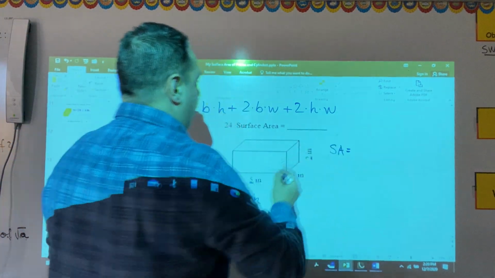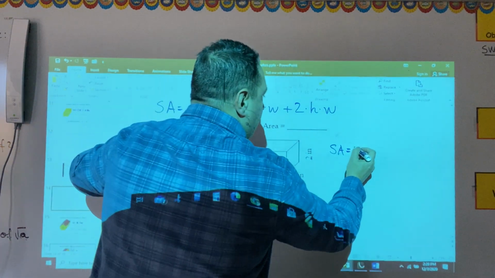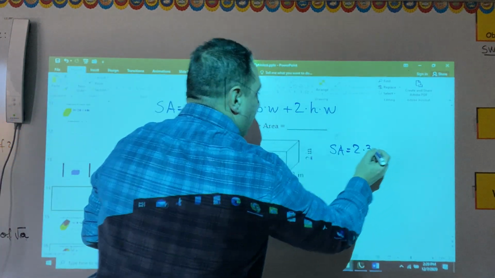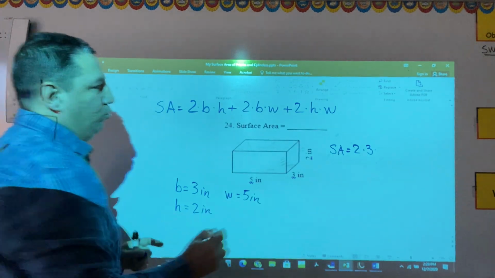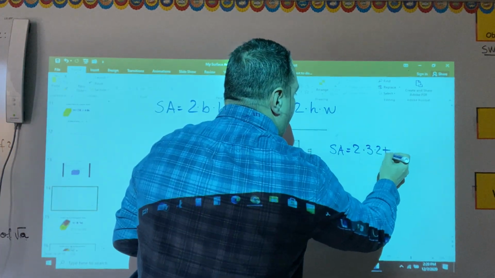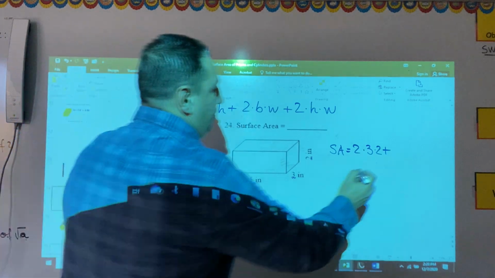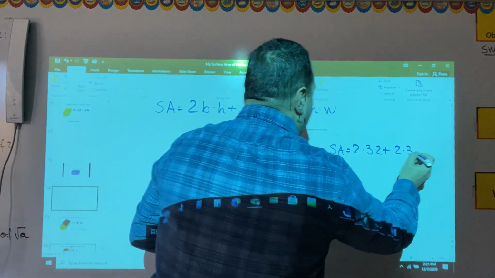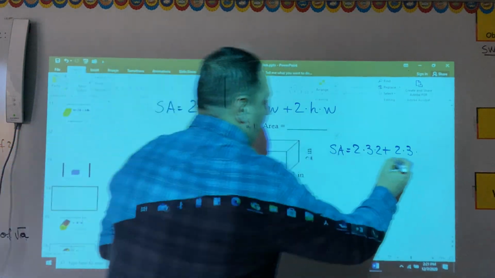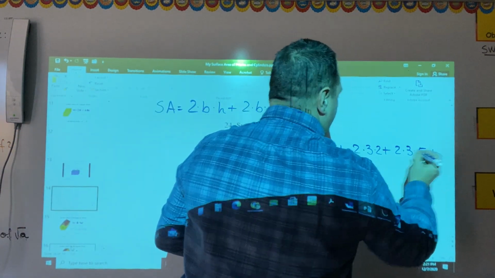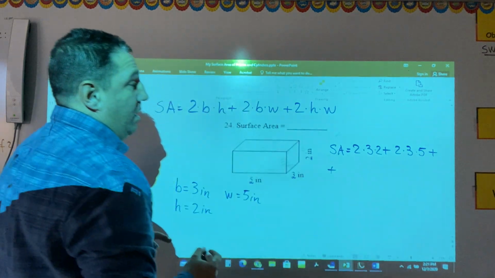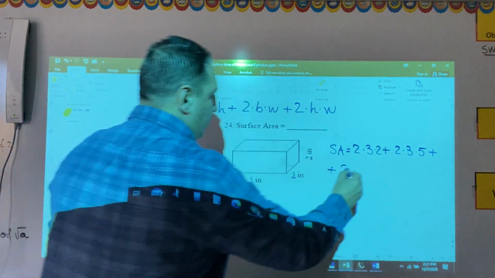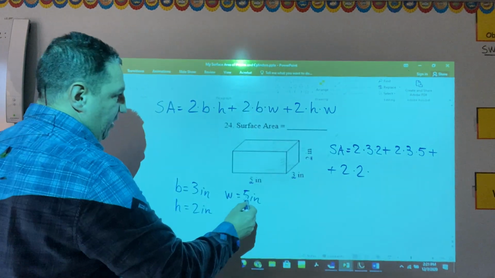Surface area would be 2 times B, which is 3, times H, which is 2, plus 2 times B, which is 3, times W, which is 5, plus 2 times H, which is 2, times W, which is 5.